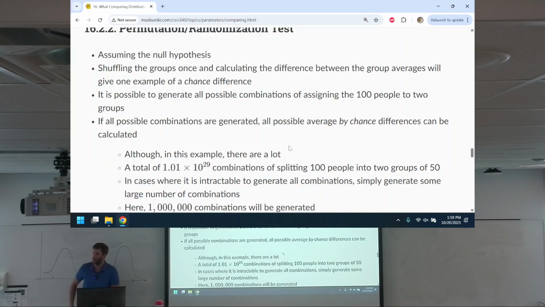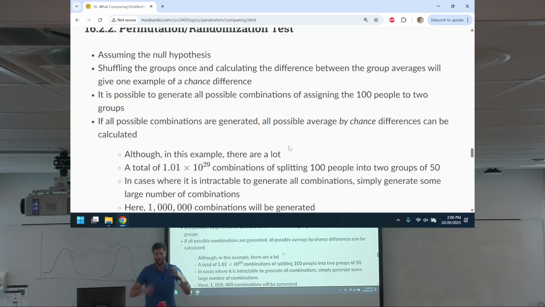It is possible to generate all possible combinations of assigning 100 people to two groups. If all possible combinations are generated, all possible average by chance differences can be calculated, right? If I can generate every possible permutation of the 100 people into two groups of 50, and these are dumb luck things, then I can take the thing I want to check, average recovery time, okay?